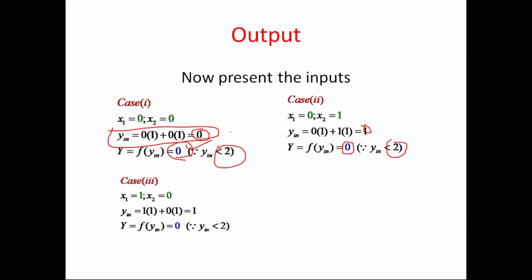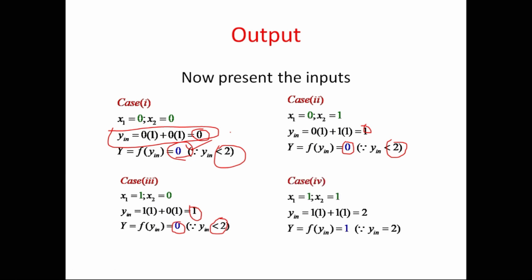Similarly for case 3, the induced local field is 1, which is less than 2, so the final value will be 0. Very simple. The final case has the value 2, and as this is equal to 2, the value will be 1 as per the activation function.